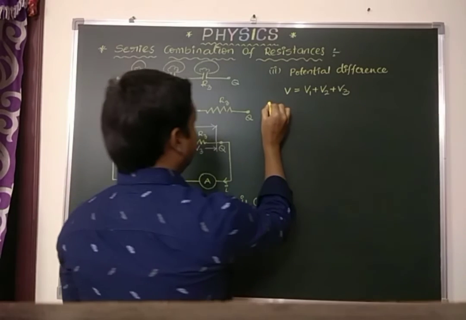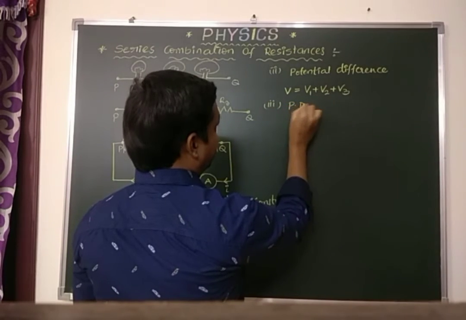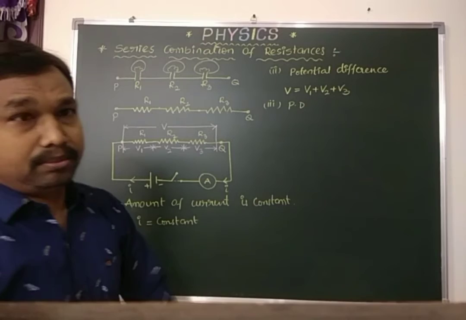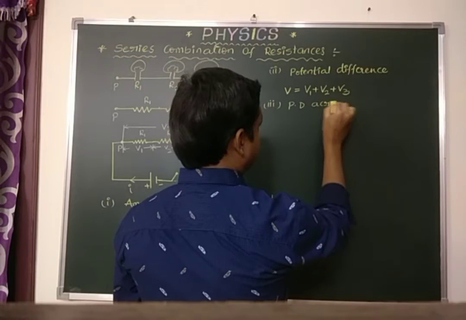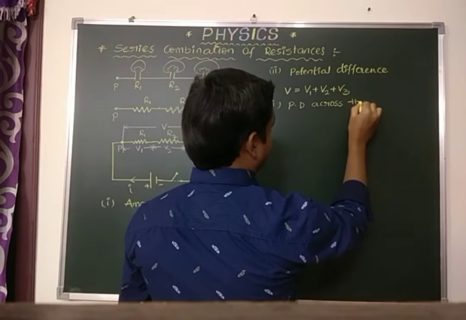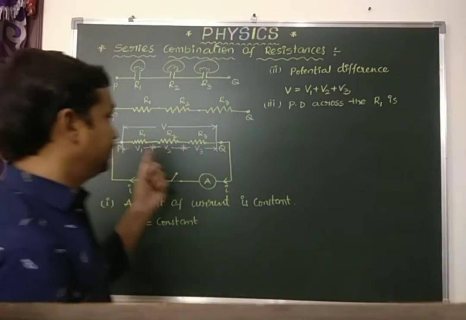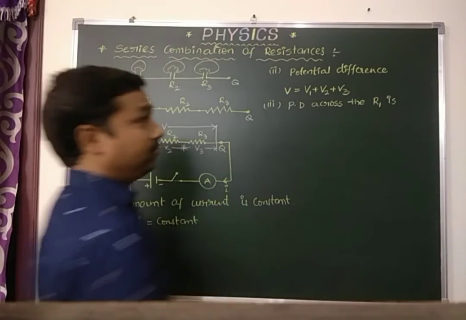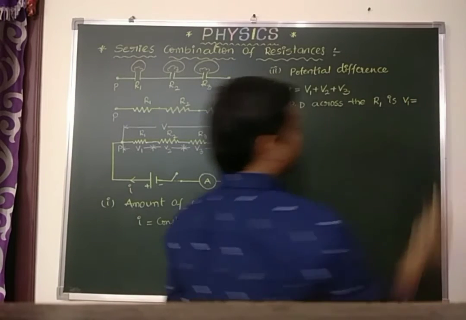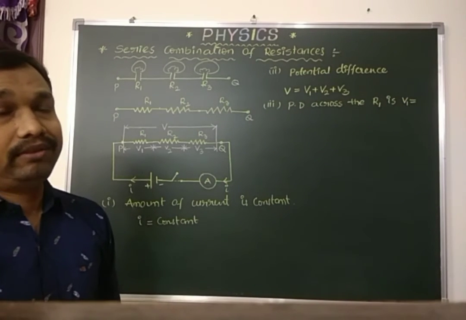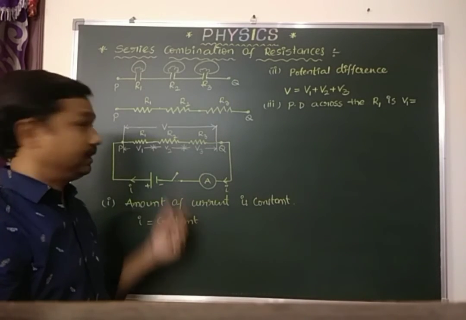Potential difference I am representing with the symbol PD. The potential difference across the resistance R1 is V1. According to Ohm's law, V is equal to IR. What is the amount of current? I is constant. What is the resistance? R1.